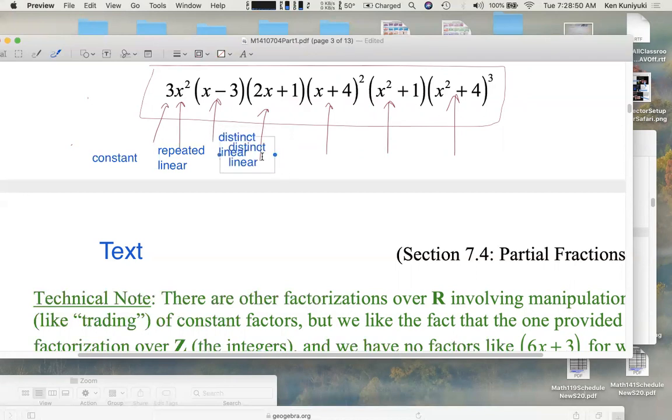Same with this guy here, distinct linear. The square of x plus 4, again, repeated linear. So the square of x plus 4 was like x squared. X squared plus 1, once again, it's a quadratic that's prime over the reals.